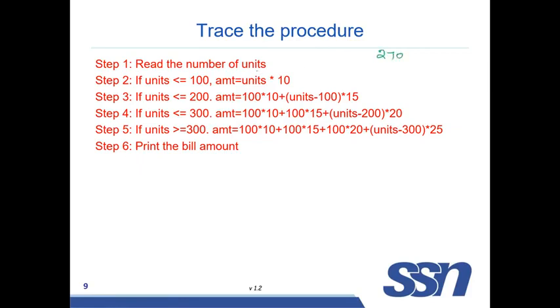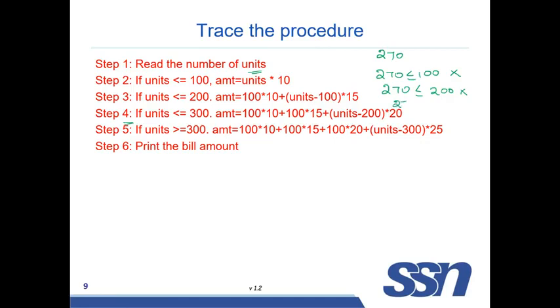Okay, so read the number of units 270, and go to the second step. Check whether 270 is less than or equal to 100. It is not. Okay, so it comes to the third step, and check whether 270 is less than or equal to 200. No, the condition is not satisfied. So it comes to the fourth step.